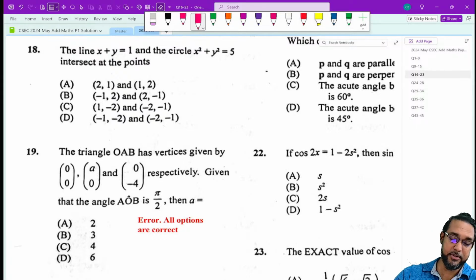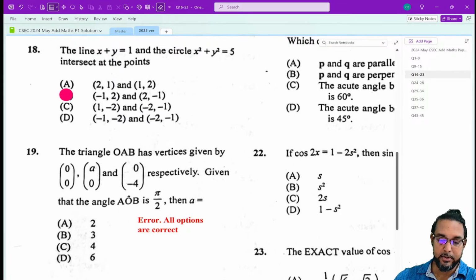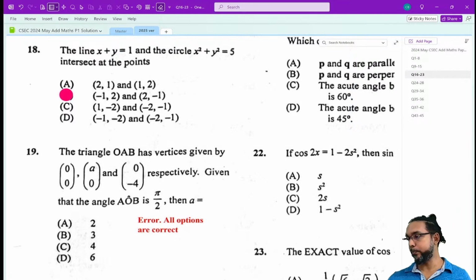So you don't really have much work to do here. All I did was plug the coordinates into the linear equation, and if it satisfied that one, then you're good to go. Again, little shortcuts here.